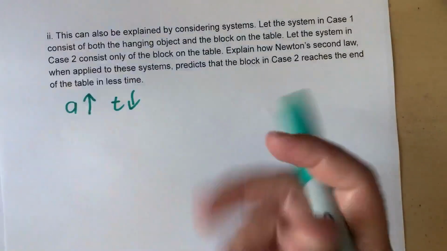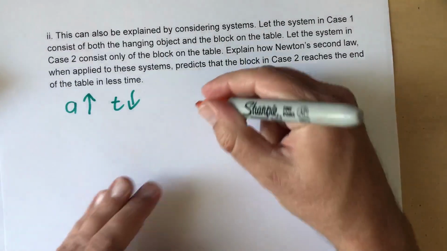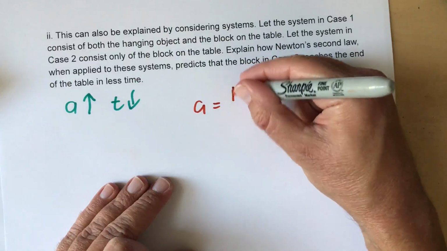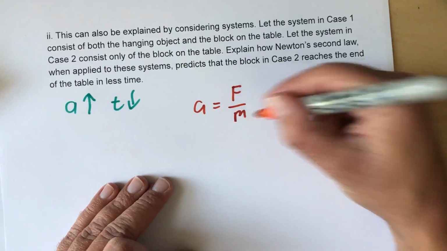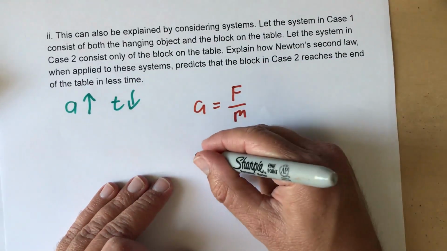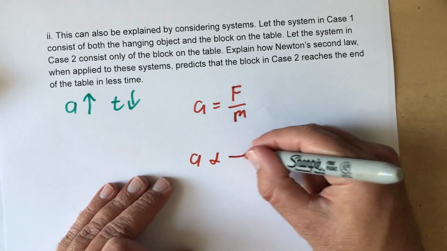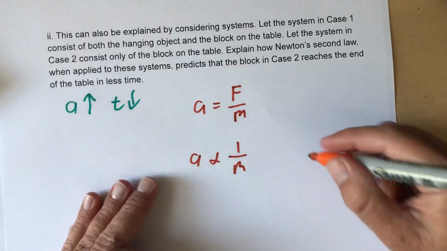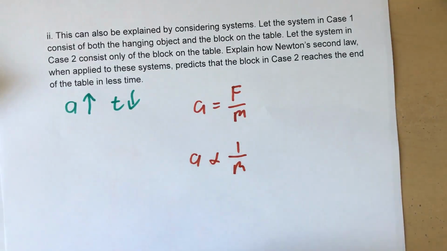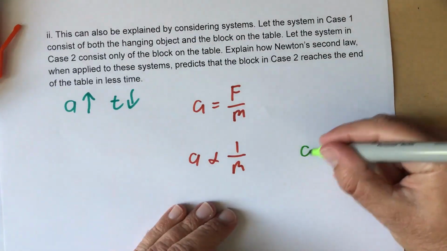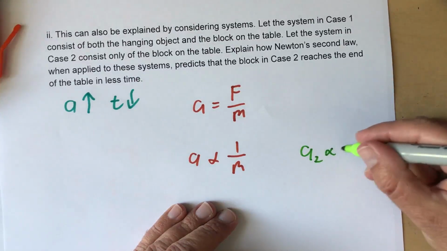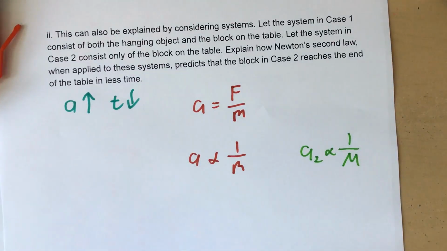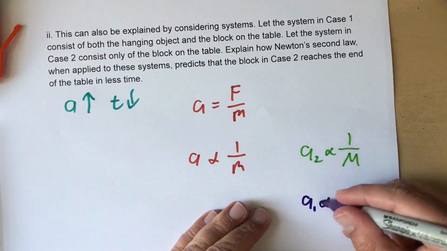So why is that? Well, let's look here. Acceleration, according to Newton's second law, is the force over the mass. So the acceleration is proportional to 1 over the mass of the system. So in case 2, we only have that big mass, capital M. So the acceleration in case 2, we're talking about 1 over big M. But in case 1, we're trying to accelerate both masses.